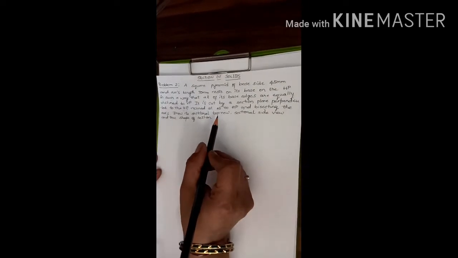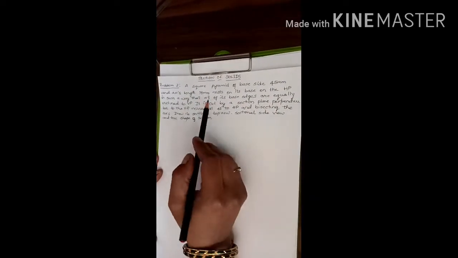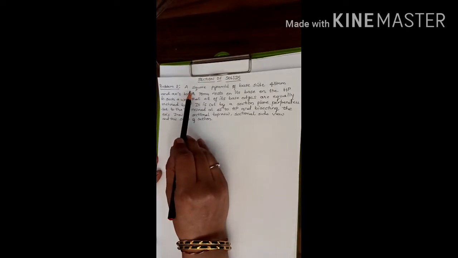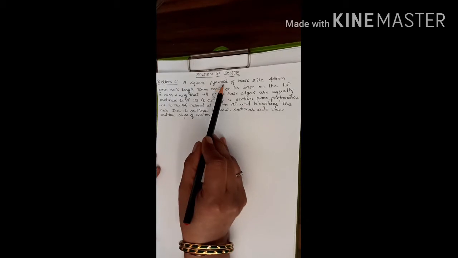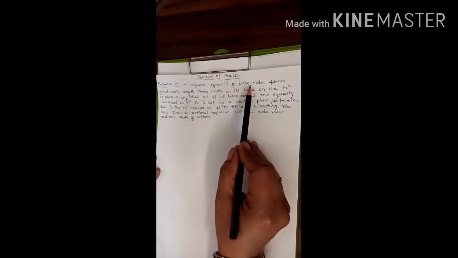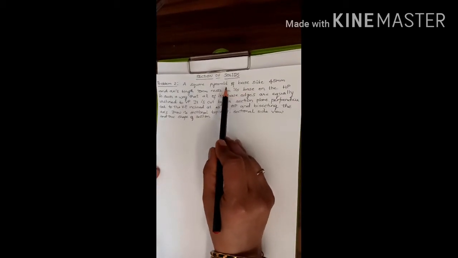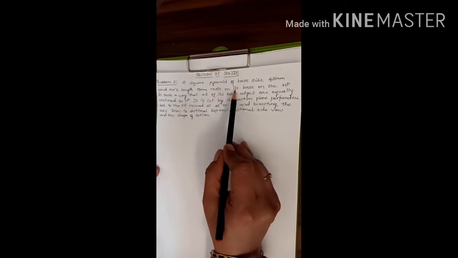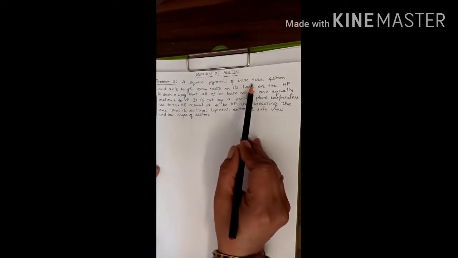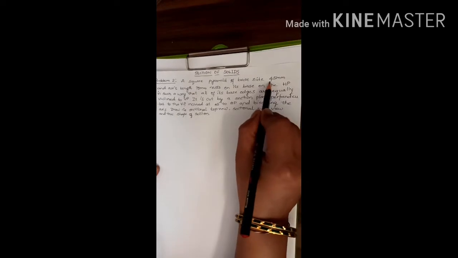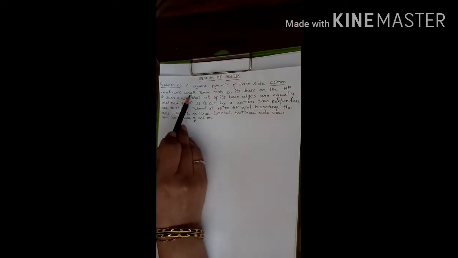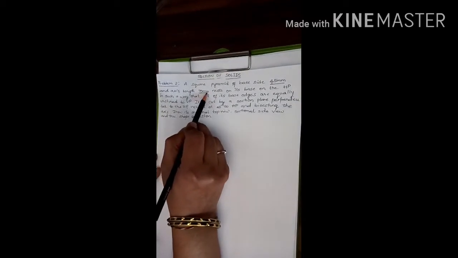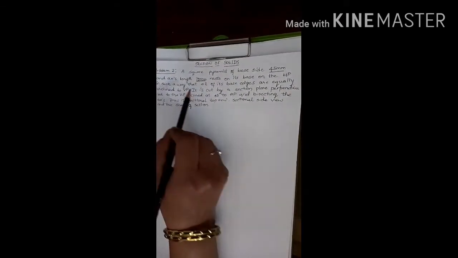So let us analyze what the given data are. First of all, the solid is a square pyramid. It is resting on its base. The base sides measure 45 mm and the axis length is 70 mm.